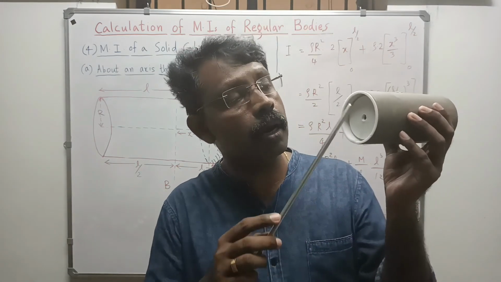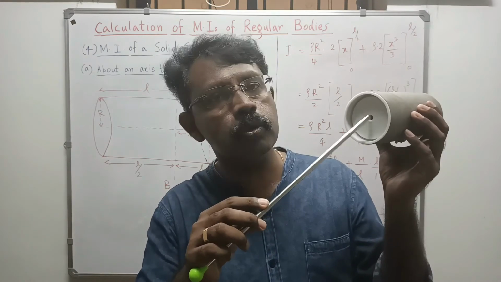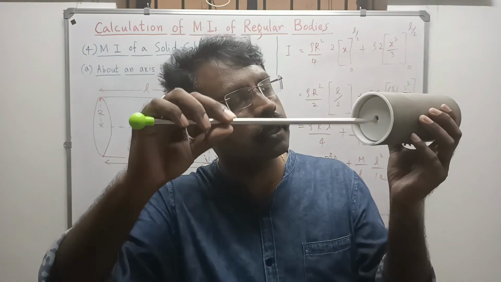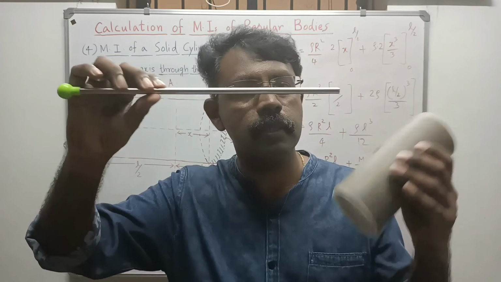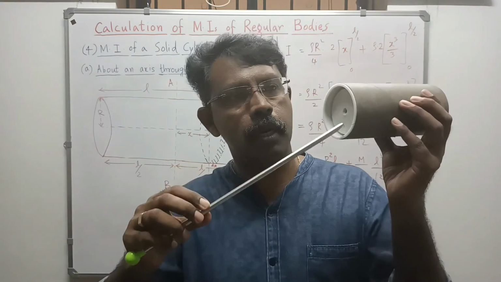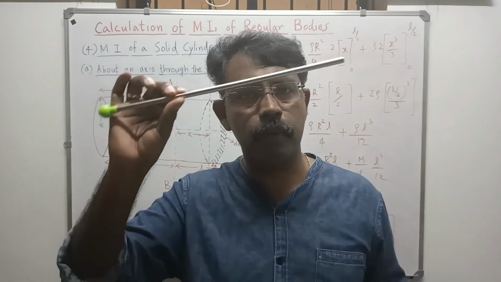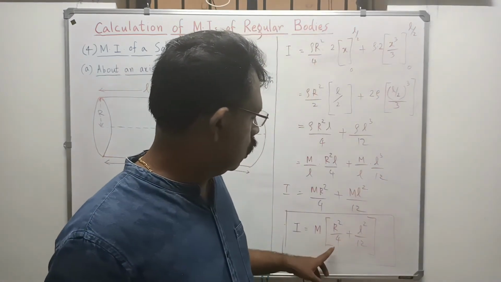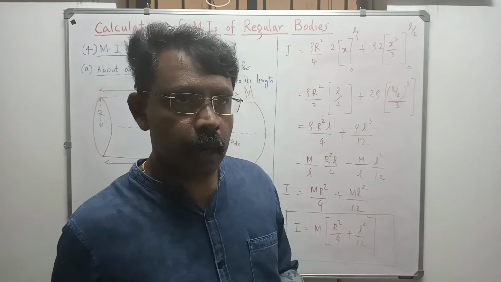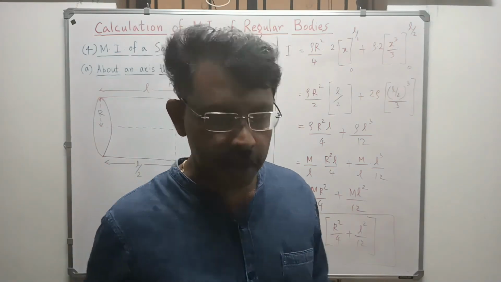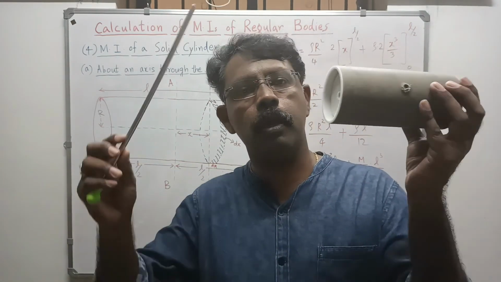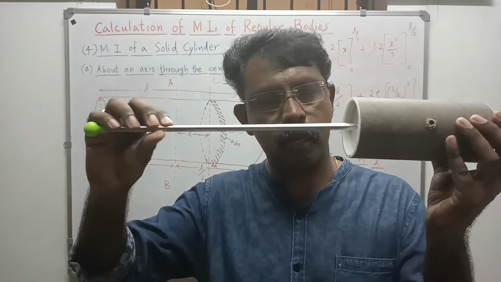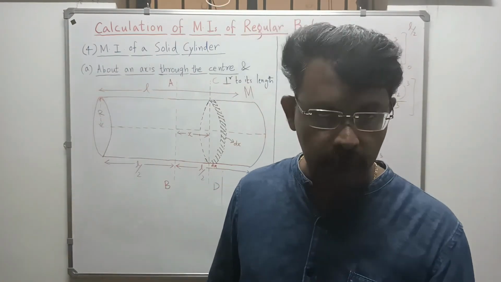If I take r to be 0, this radius will reduce to 0, and what we get is a rod. So then we will arrive at the moment of inertia of a rod. Just by putting r equal to 0, we will have m L squared by 12. That means the solid cylinder will reduce to that of a rod.